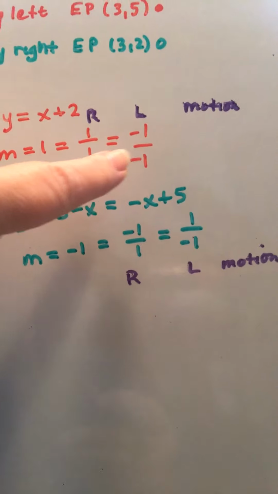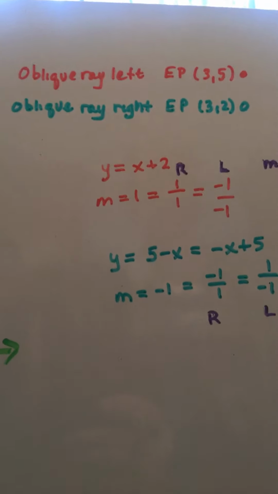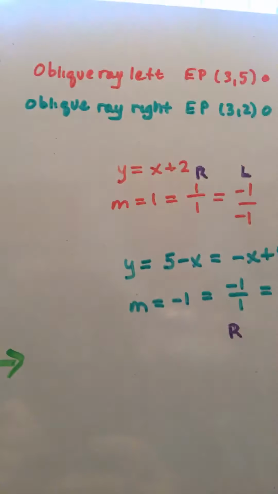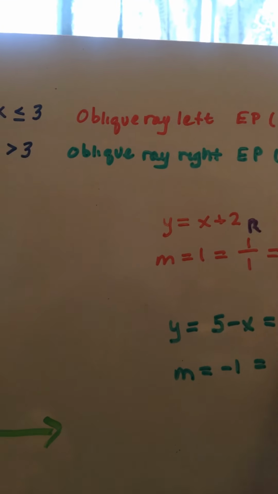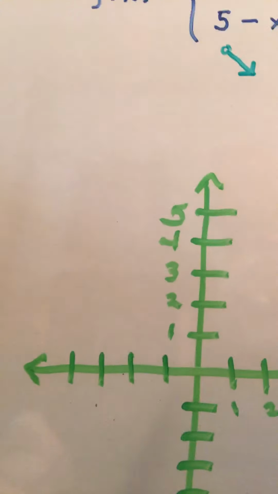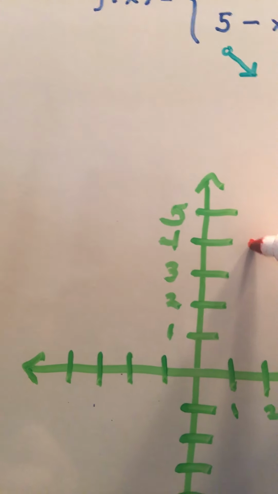When I have the bottom being negative, it means I'm moving left. And which side is my red one? My red one is the left side. So since my red one is the left side, and I now have my red marker, I'm going to want to use that slope. So I come over here and I'm going to go down 1, left 1.